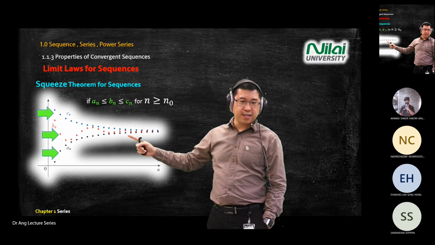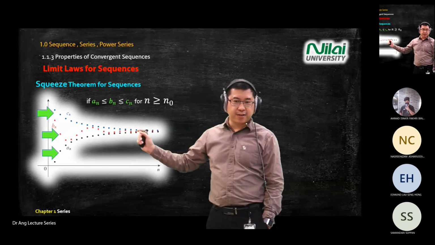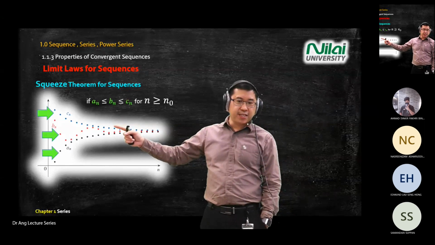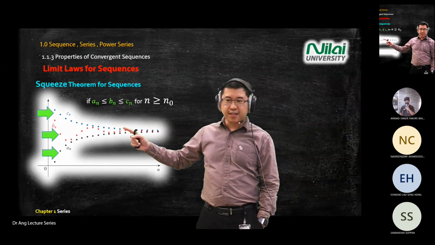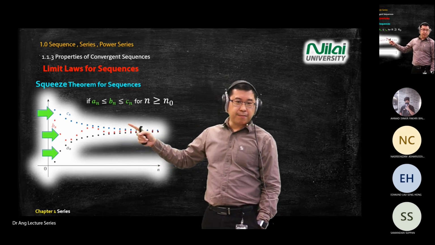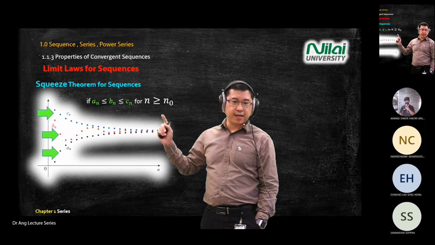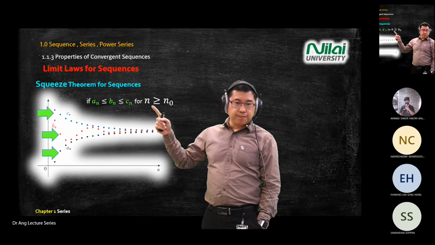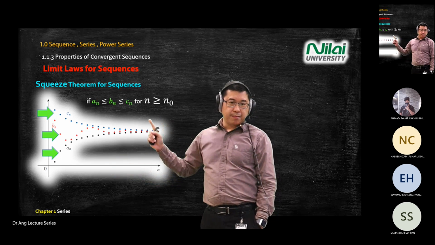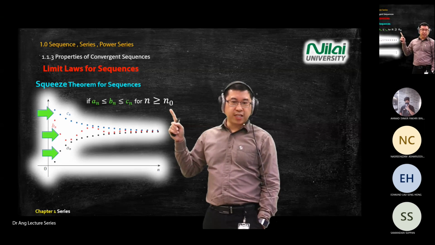As you can see here, all the red dots are bigger in value than the black dots on the screen. And c_n, the light blue, is the highest, bigger than b_n and a_n. And the n number must be more than or equal to n sub 0.